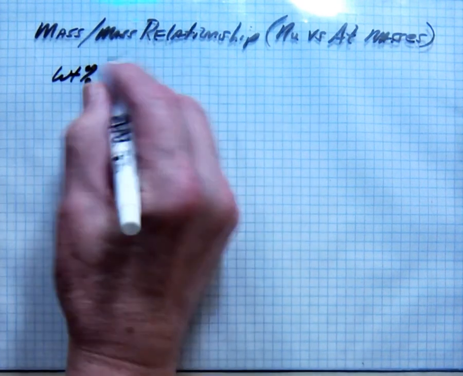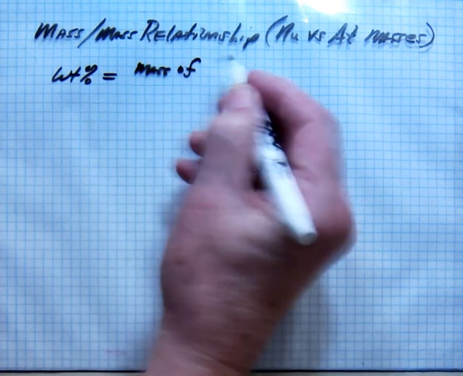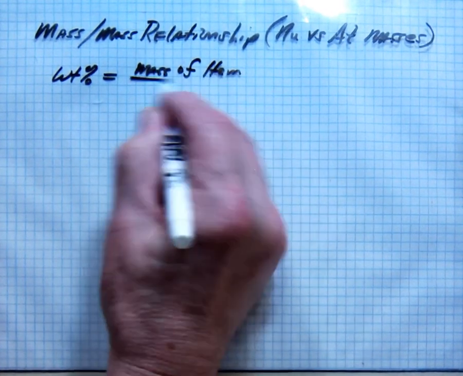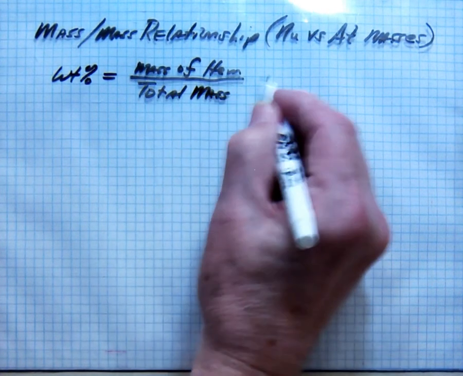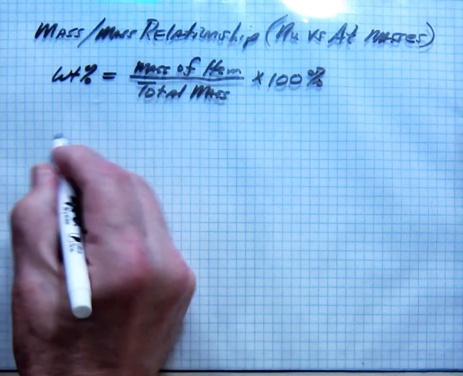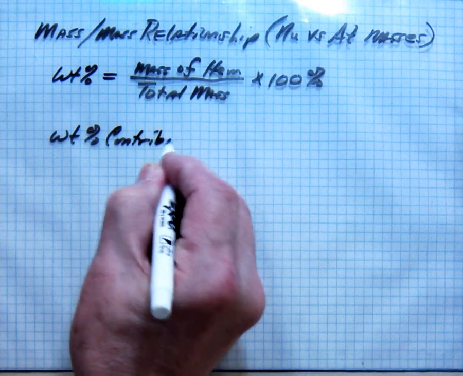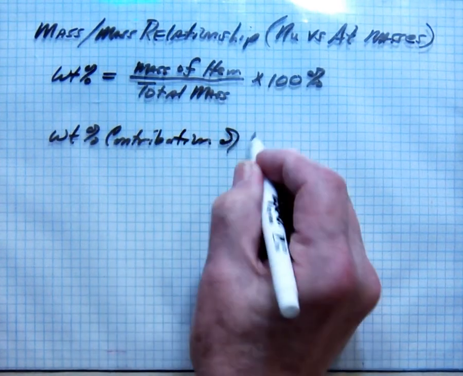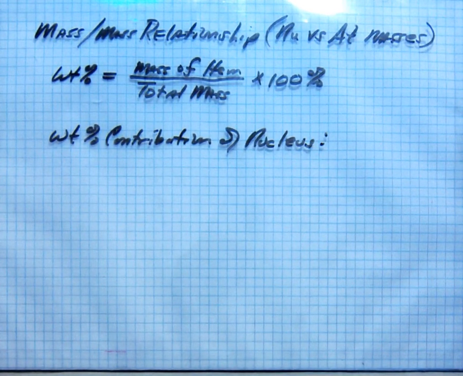So if we say weight percent is equal to mass of item divided by total mass times 100%. Okay? So the weight percent contribution of the nucleus is the weight of the nucleus divided by the weight of the atom times 100.